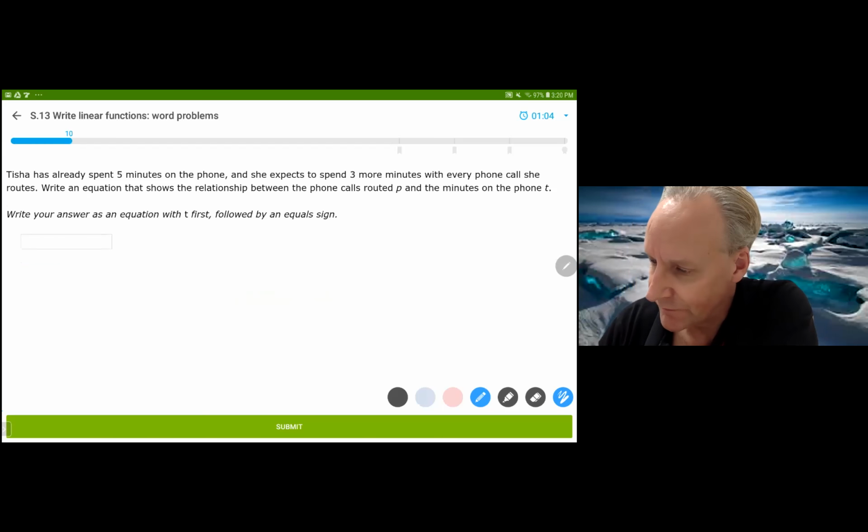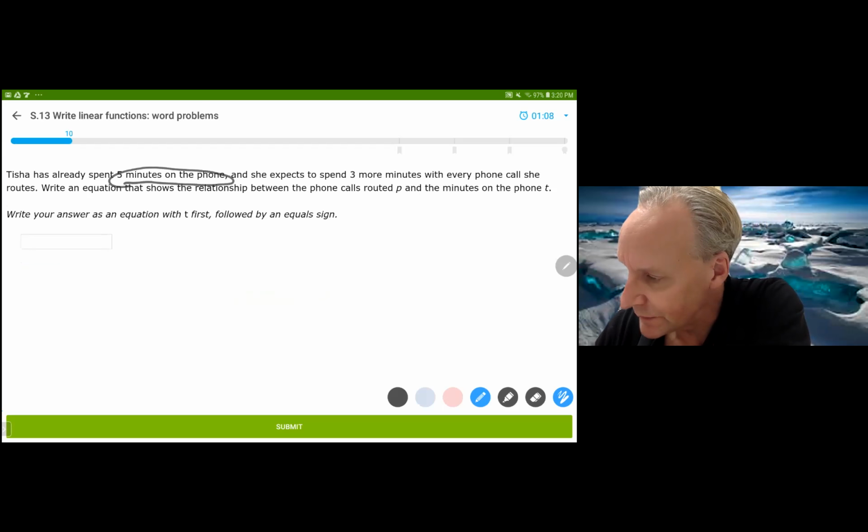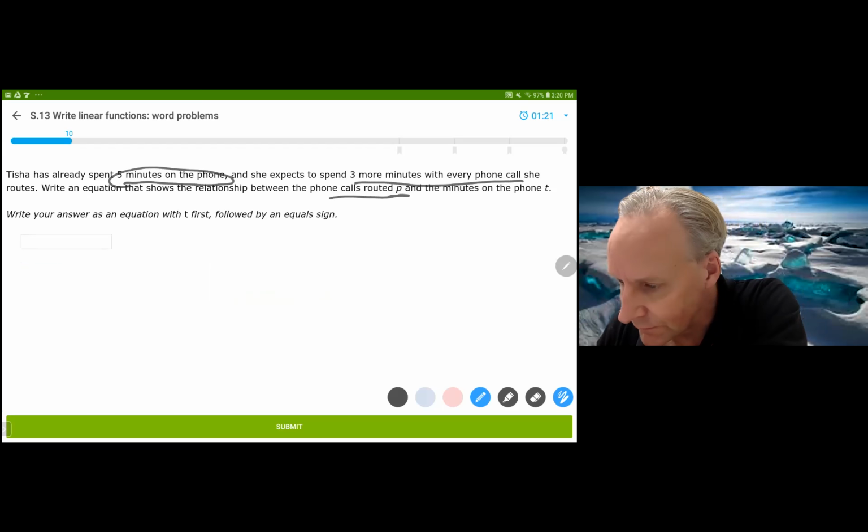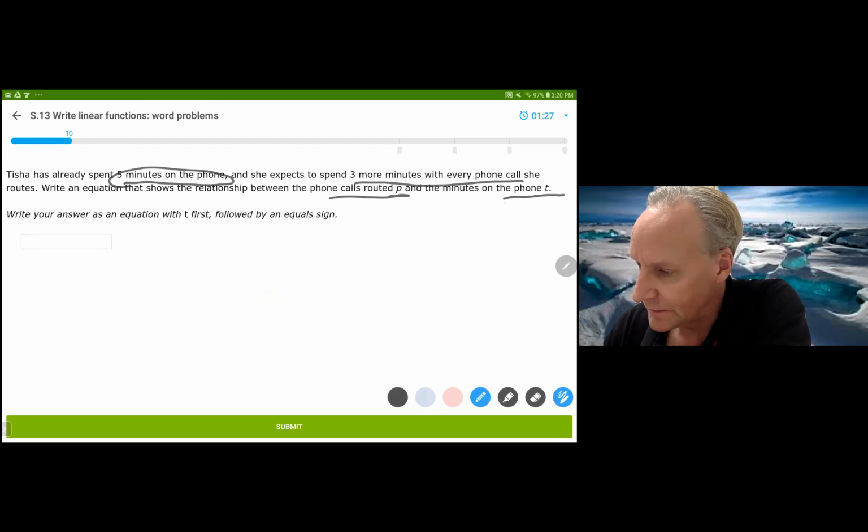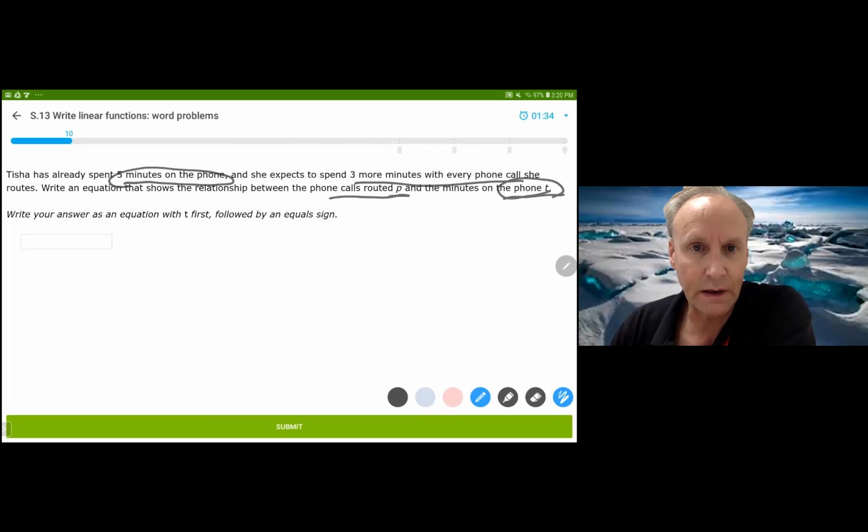Tisha has already spent 5 minutes on the phone. She wants to spend 3 minutes with each phone call she routes, and P is the phone calls routed, and the minutes on the phone is T. Okay, so T is the number of minutes she's already spent, and T is our independent variable, which makes sense because it's time.